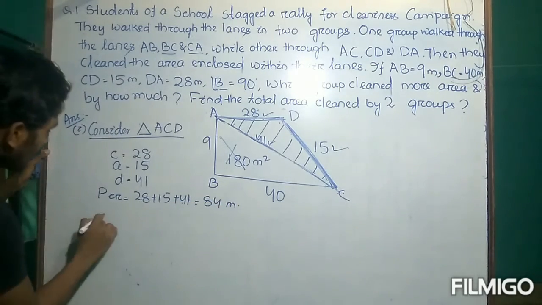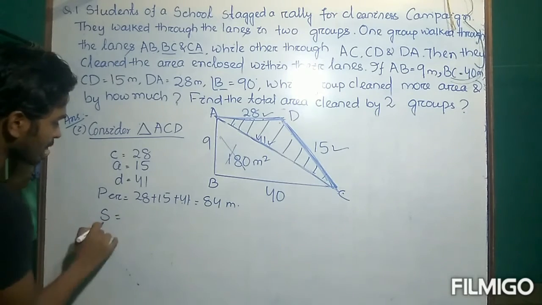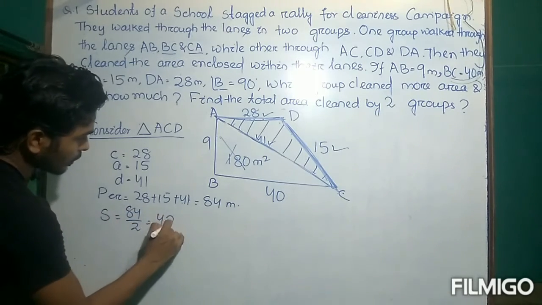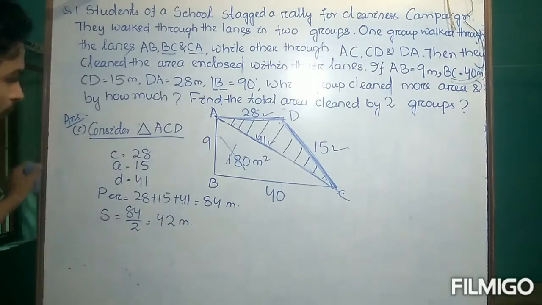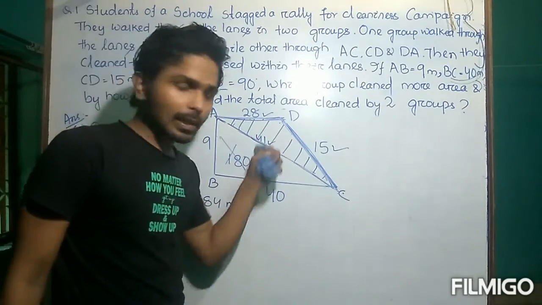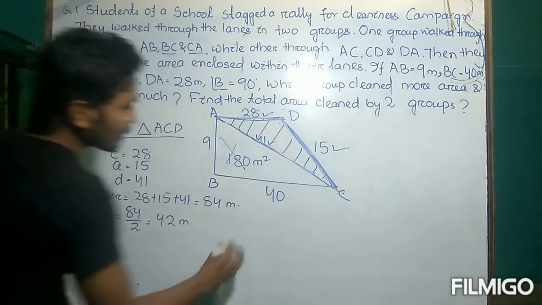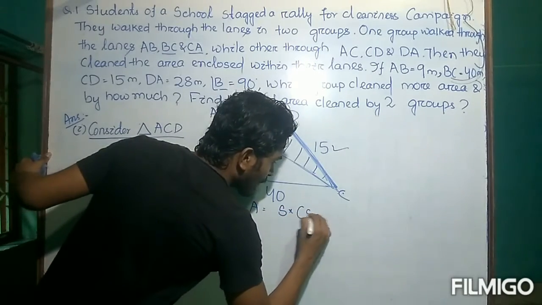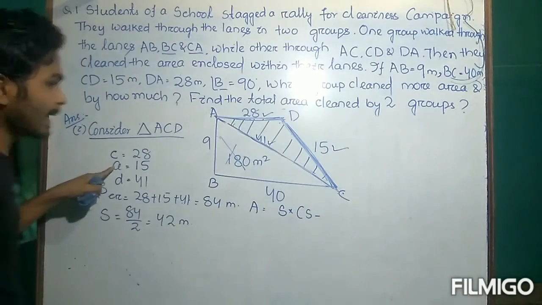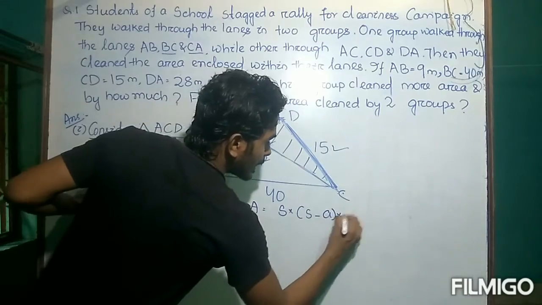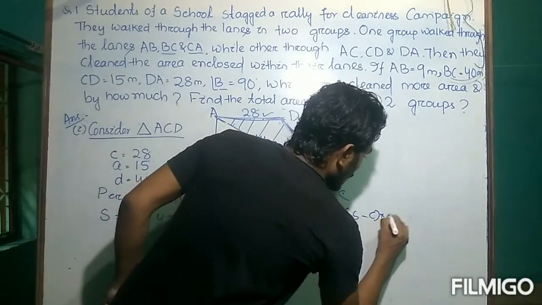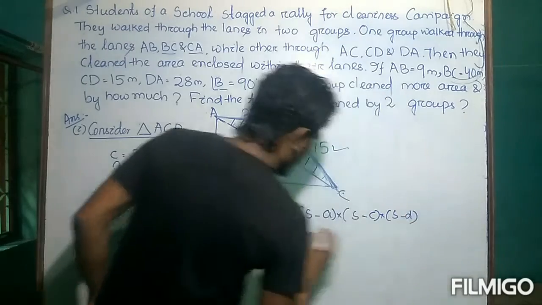Okay. Now find S. S means semi-perimeter. It is half of the perimeter. That is 84 by 2, which is 42 meters. Now find the area of this triangle using Heron's formula. So the area formula is the square root of S into S minus a, into S minus c, into S minus d.